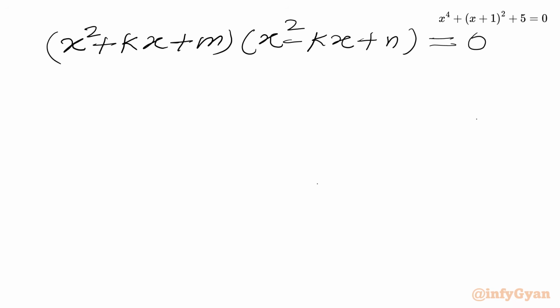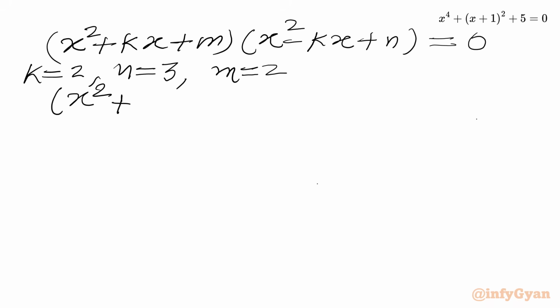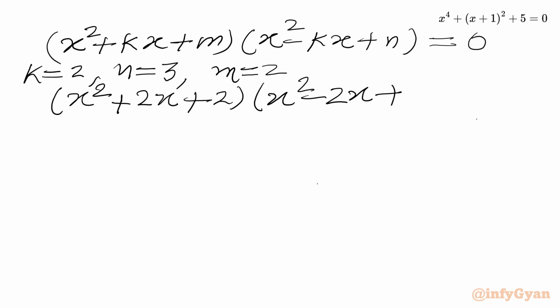Now we have k equal to 2, then n equal to 3 and m equal to 2. So we will get the equation x square plus 2x plus 2 times x square minus 2x plus 3 equal to 0.